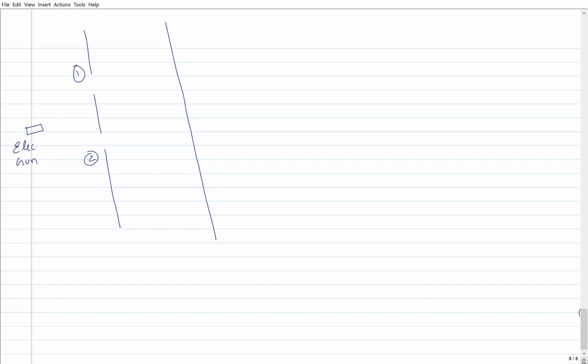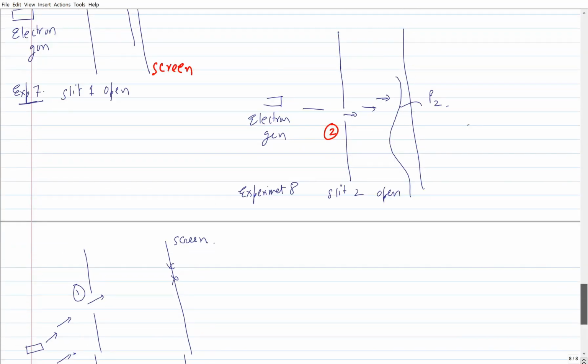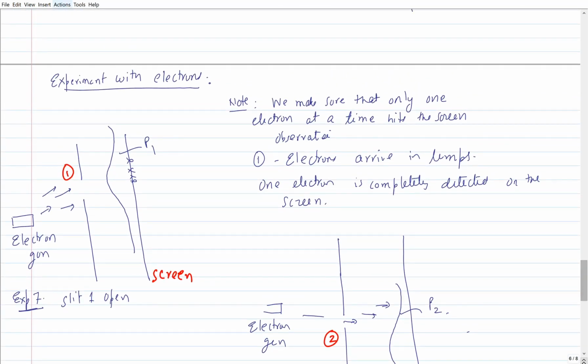And I am detecting electrons on the screen. So what do I observe in this case? Again, as electrons are hitting there, the electron gun is spreading all over, the electrons are going, and I get click, click, click, click. Of course, mind you, make sure of the same thing: we make sure that there's only one electron in this entire experimental setup at a particular point of time.